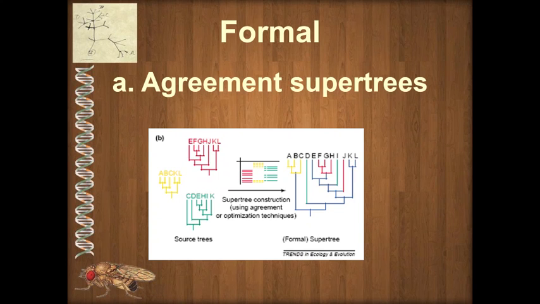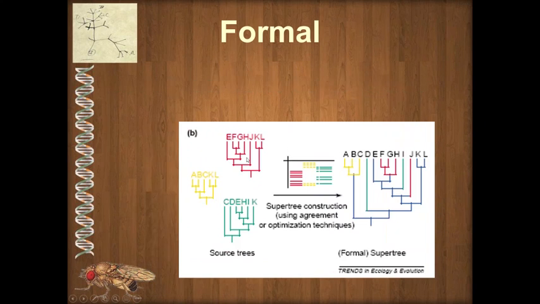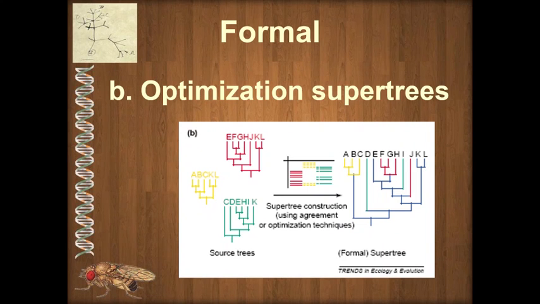And if there's conflict in the minority, we won't include those. So there are ways to get around this, particularly if you have a lot of trees going into the analysis. But inevitably, you're probably going to have some disagreement. And so the methods are just formal ways to figure out how we deal with the areas where there is disagreement.